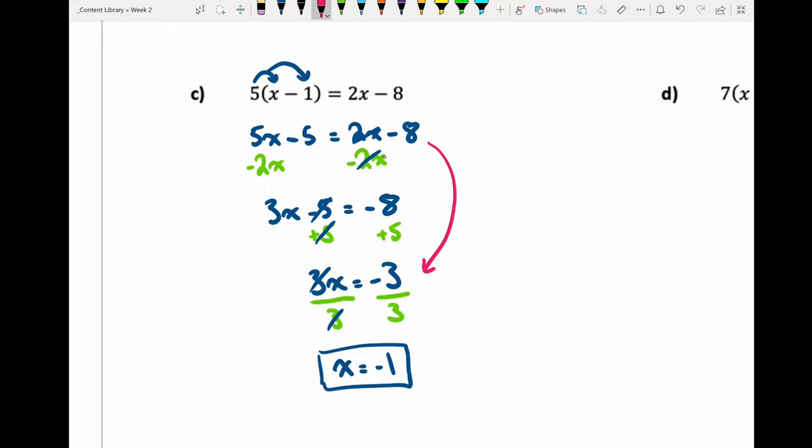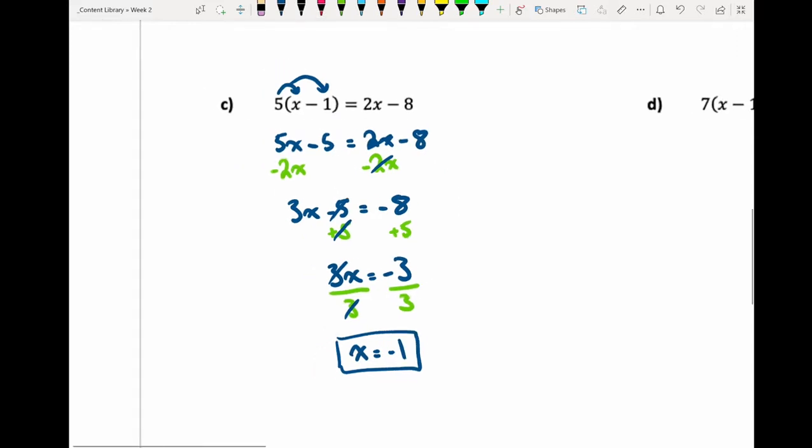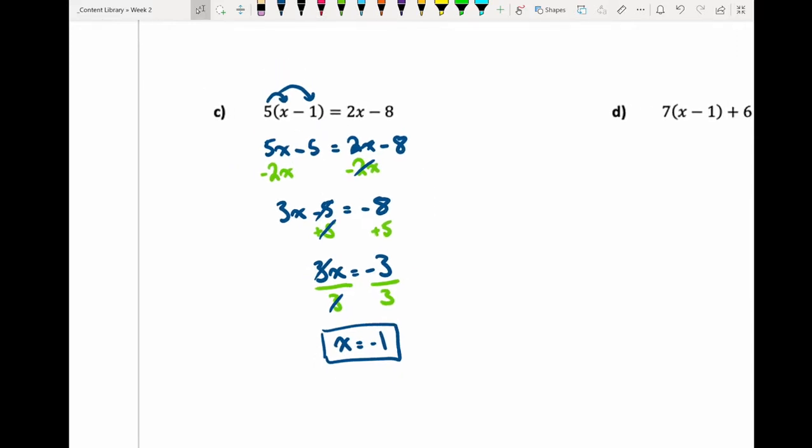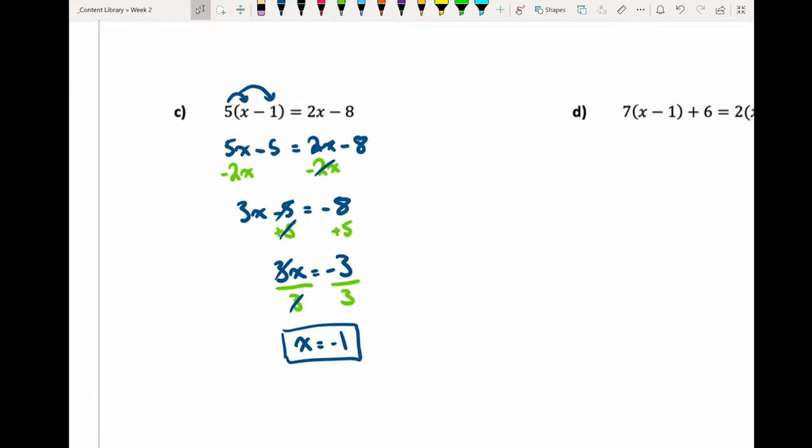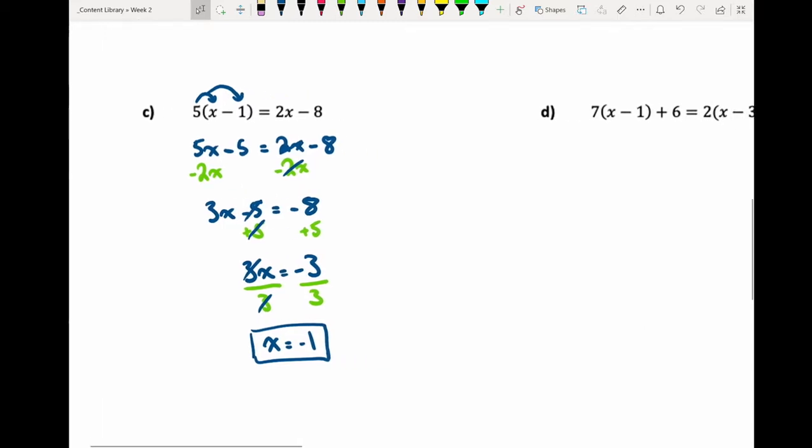Doing these two movements, getting rid of the 2x on the one side, getting rid of the negative 5 on the other. You could go from here down to here, but again, try to show as much work as possible, especially if you're unsure, and then that way if you get something wrong, you still have enough work to get part marks, or to at least show some of your understanding.